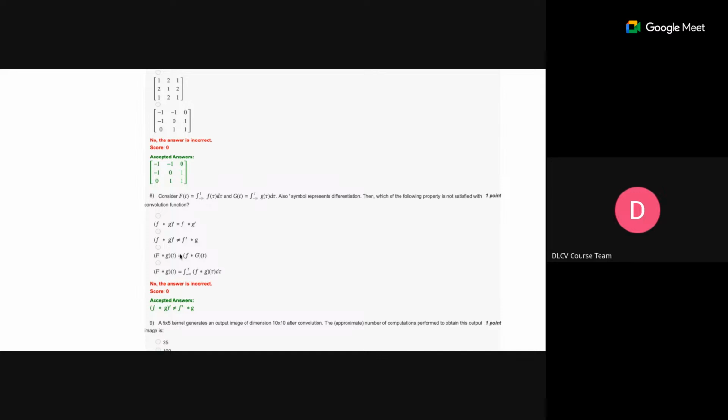Yeah, so what is happening here is you are taking an integral of some function, and you are taking a convolution of that with some function g. The third part is true, I think. The second one is false.